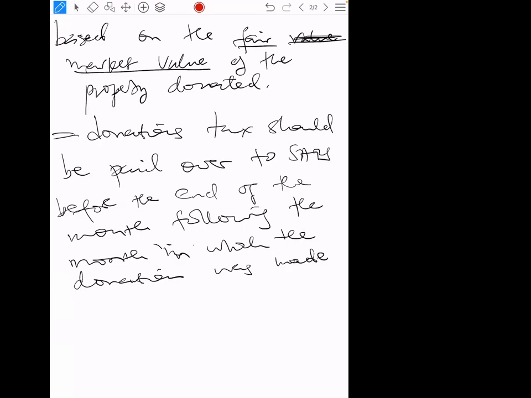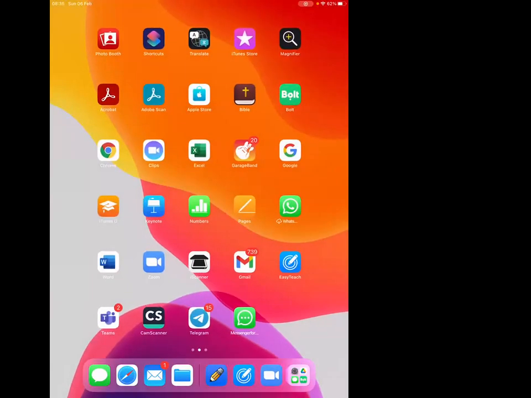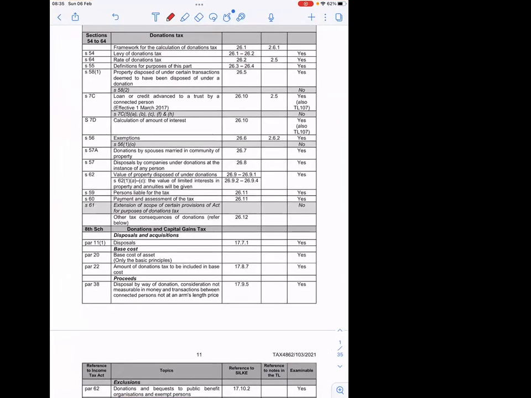Apply it. Don't generalize at this level. If they tell you Mr. X donated in January, when should they pay over the donation tax to SARS? If you say the month following the month in which the donation was made, it's a zero. Who doesn't know that the month that follows January is February? And who doesn't know that February ends on 28? Yes, it must be paid over by 28 February.